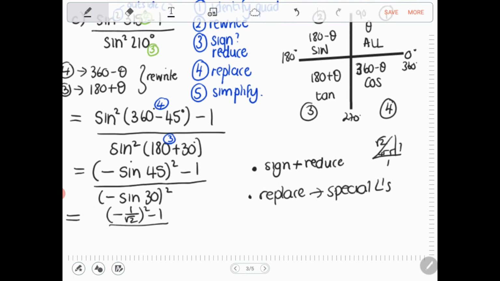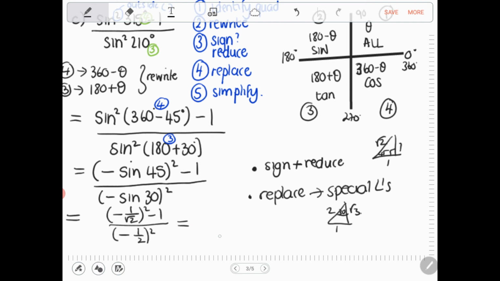And that's going to be over negative sine squared of 30. Here's your triangle. Here's your 30 up here. 1, 2, root 3. So the sine of 30 is opposite over hypotenuse. So it's going to be 1 over 2 squared. Don't forget your squares.